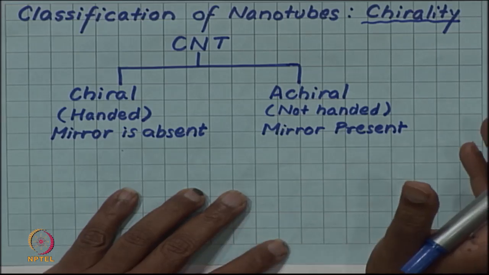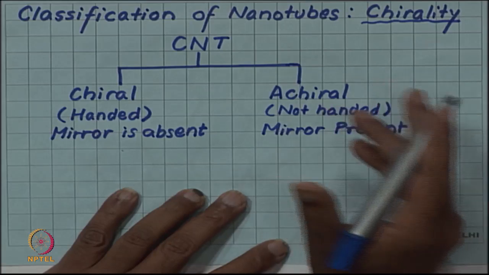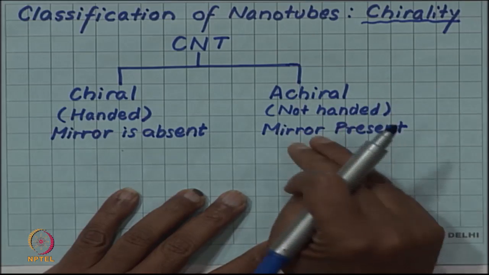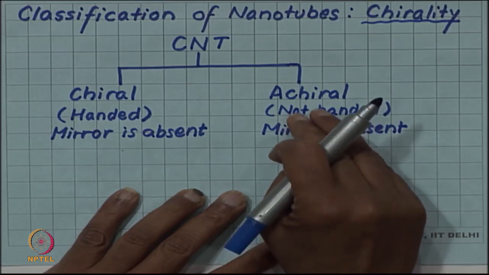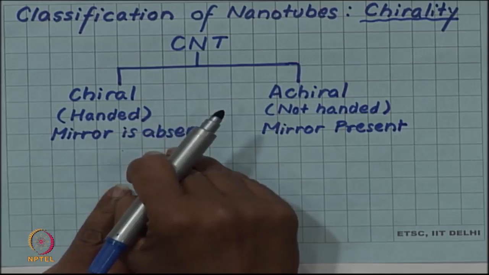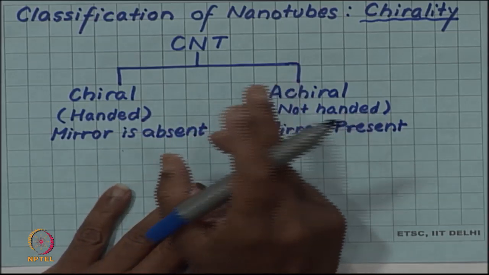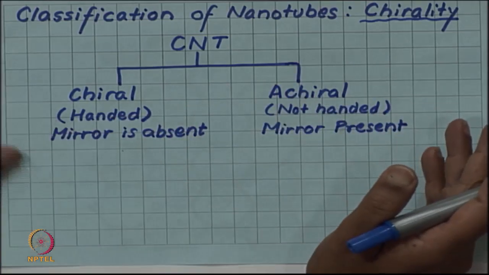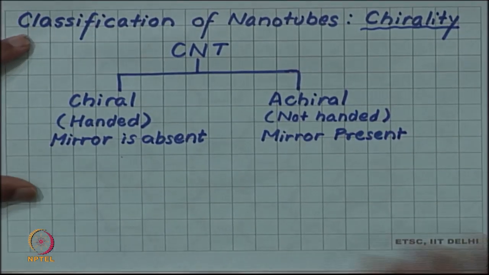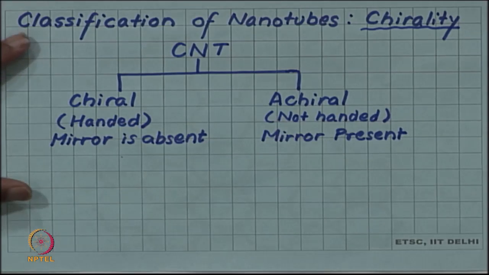A cube does not have a left handed or right handed version, because a cube has mirrors. Any object which has a mirror will not have left handed or right handed versions, whereas an object where a mirror is absent can have both. In science and in crystallography, the words chiral and achiral are used for that.